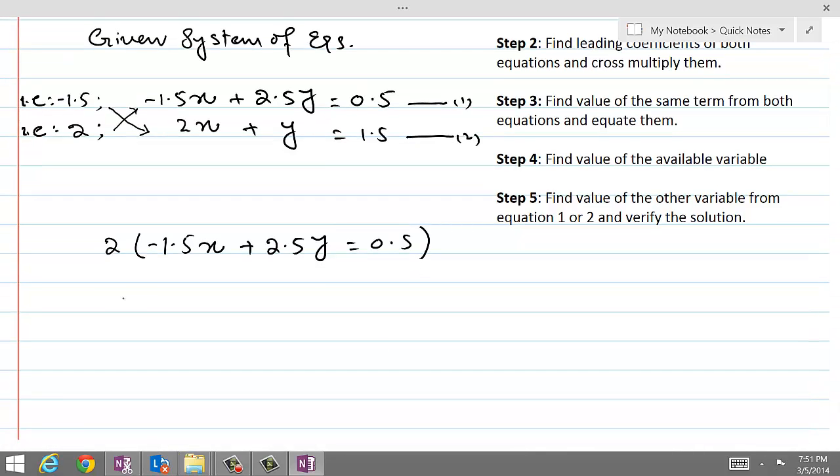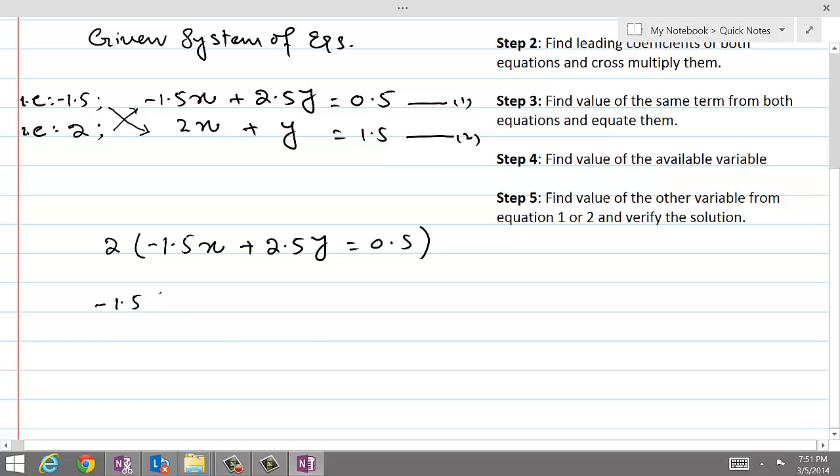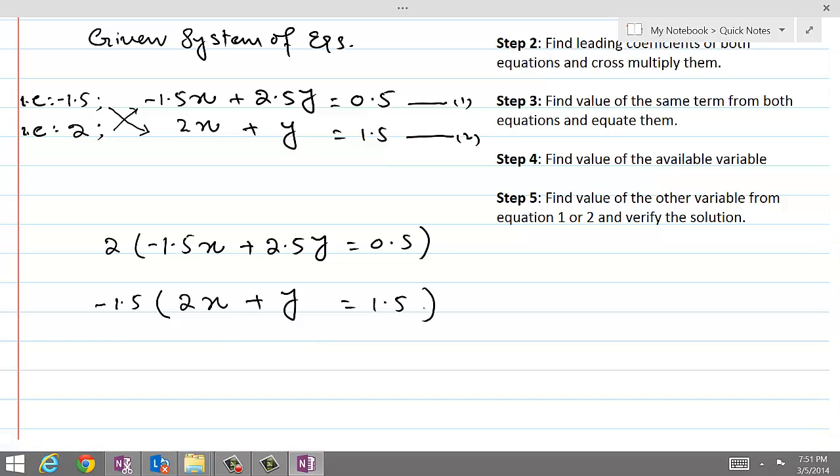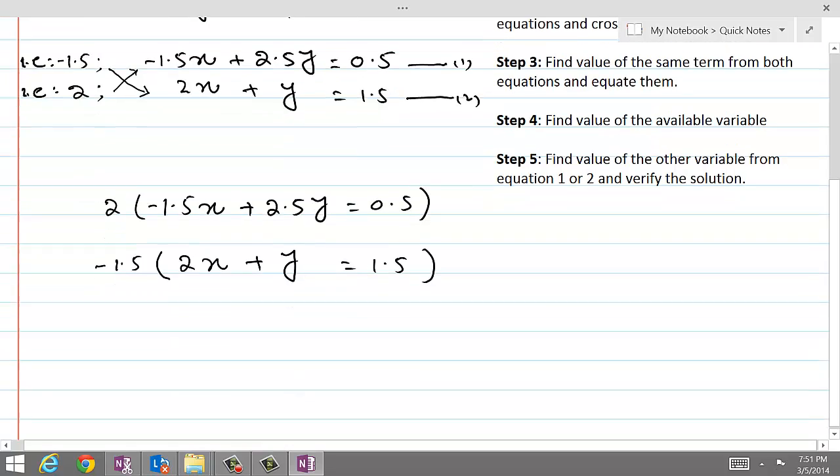Similarly, the LC of equation 1 is minus 1.5, and we will multiply that with equation 2, which is 2x plus y equal to 1.5. So what is going to happen here? The first term of both equations will have the same coefficient.